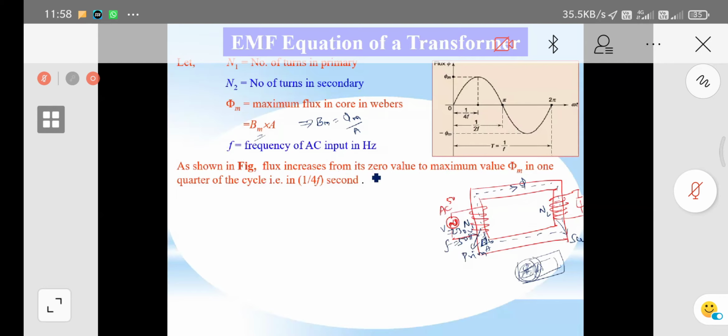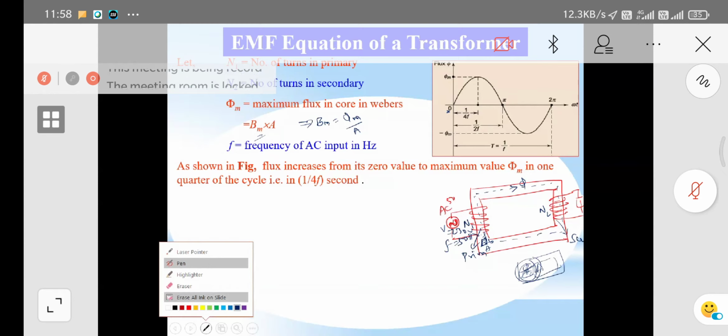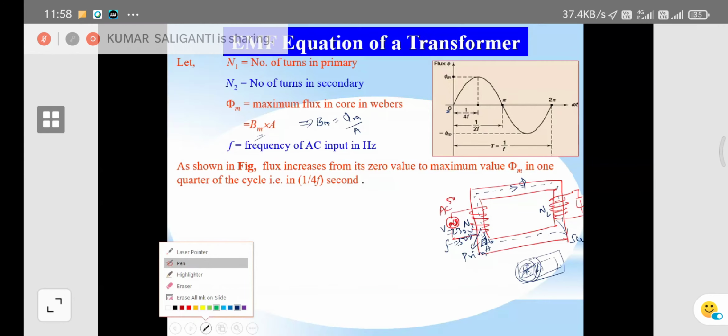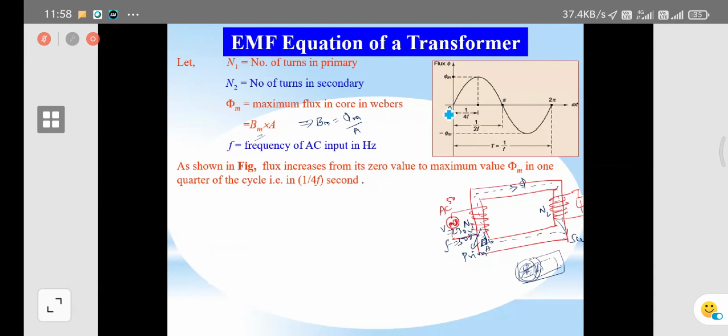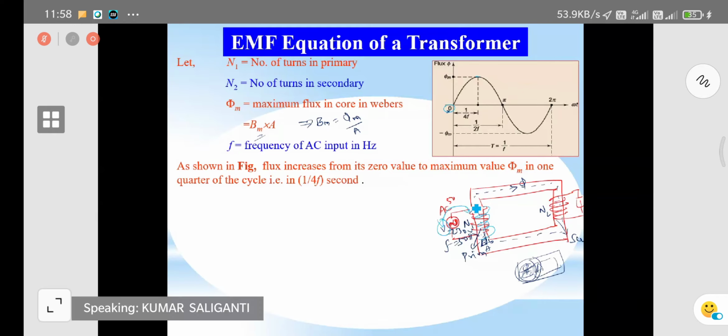As shown in the figure, the flux increases from its zero value to maximum value. First of all, how do we get this value? Suppose an alternating voltage, a sinusoidal input voltage, is applied to the primary winding.